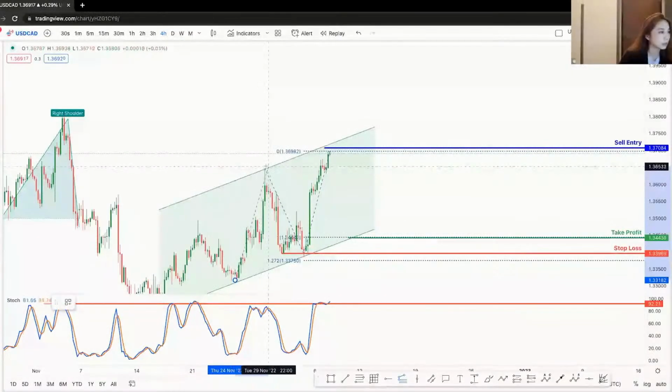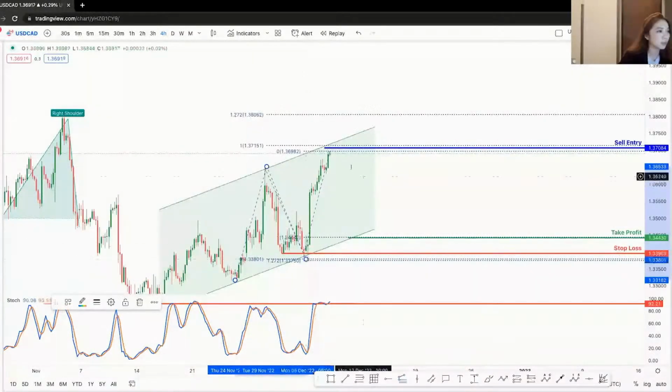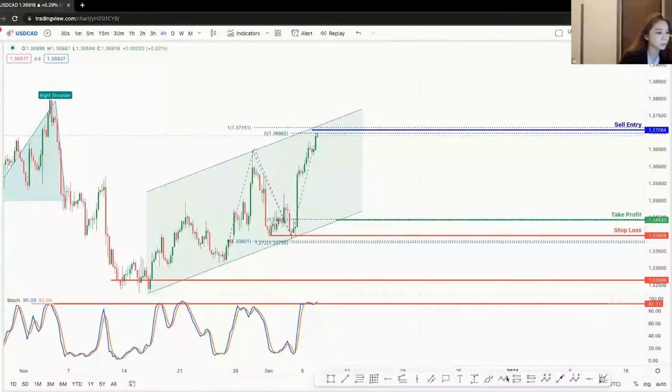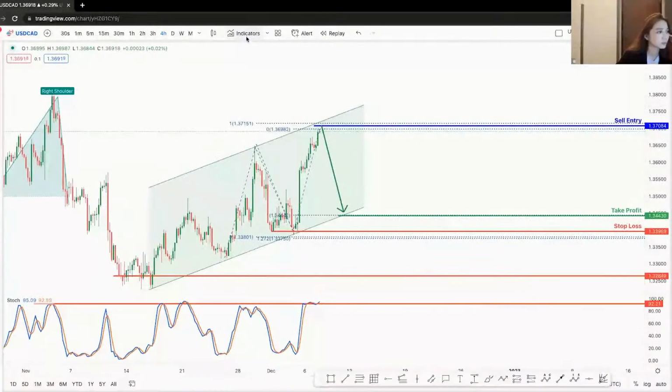Let's take a look right now for entry. 100% for entry as well. Very nice triangles. Yep, that's about it for Dollar CAD.